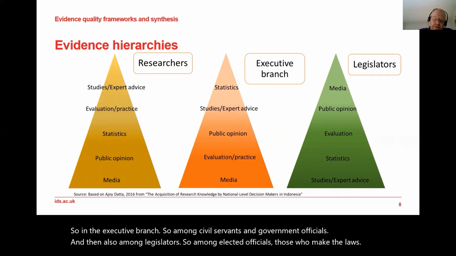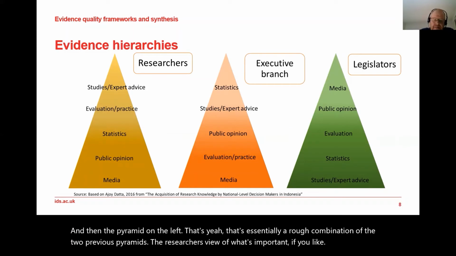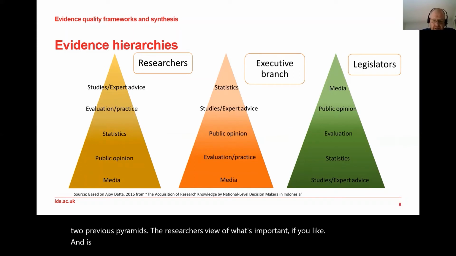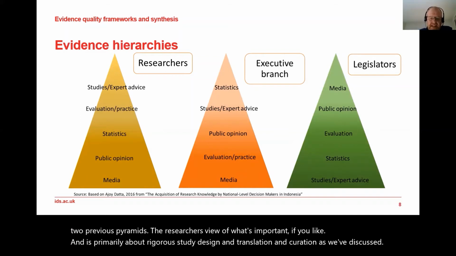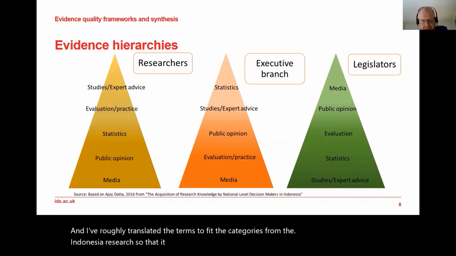And the pyramid on the left is essentially a rough combination of the two previous pyramids, the researcher's view of what's important, if you like, and is primarily about rigorous study design and translation and curation, as we've discussed. And I've roughly translated the terms to fit the categories from the Indonesia research so that it makes the three pyramids a bit more comparable.